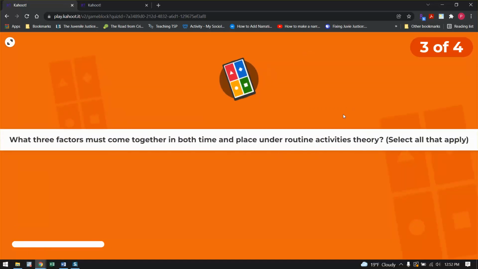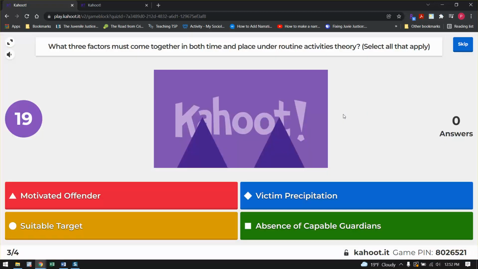The next question is asking about one of those theories of victimization, specifically routine activities theory, and it's trying to get at what are the three factors that must come together, both time and place, to result in a crime occurring. For routine activities theory, you need a motivated offender, a suitable target, and the absence of a capable guardian for a crime to occur.